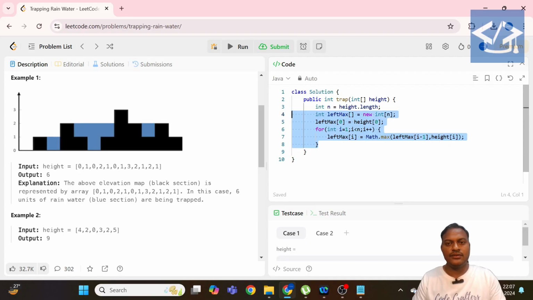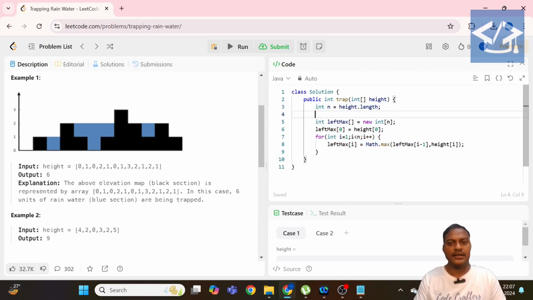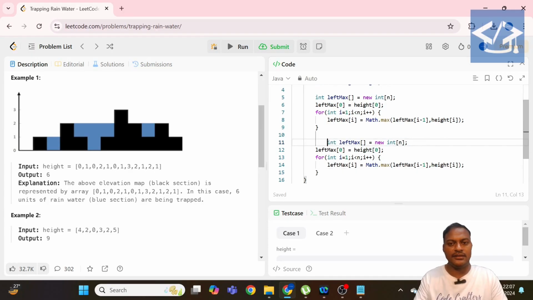We have to do the same for right max, but for right max we have to start from the right. Let me first declare rightMax of size n. For the rightmost building there is no right, so rightMax of n minus 1 will be the height of the rightmost building.